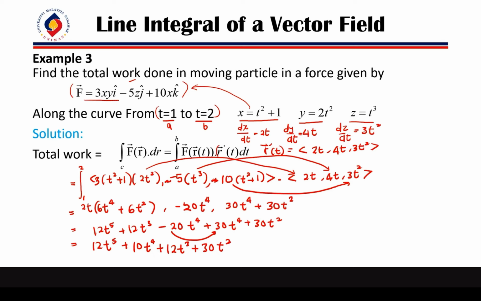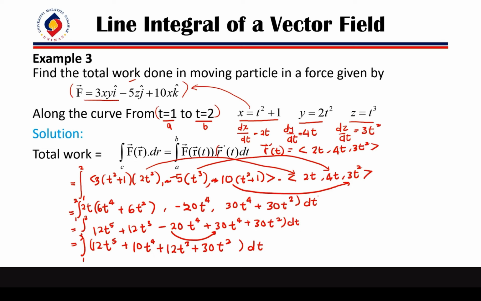So we have 12t^5 plus 10t^4 plus 12t^3 plus 30t squared. Don't forget the integration here, the integral from 1 to 2, with dt.